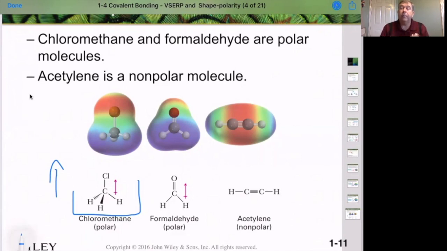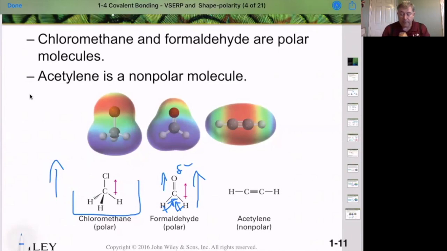We also have polarity in trigonal planar structures. Remember, oxygen is the most electronegative, but carbon pulls a little bit of these right here, giving us our net dipole in that direction. And notice that this is the partially positive side of the molecule, and this is the partially negative side of the molecule. We might be able to use that for reactivity later, so we want to pay attention to that.